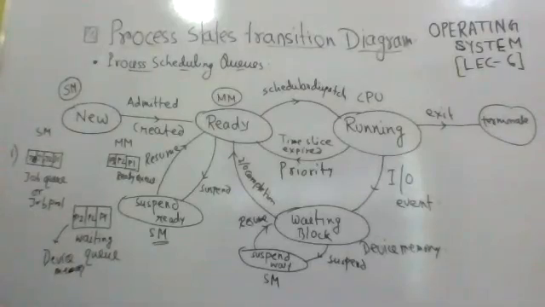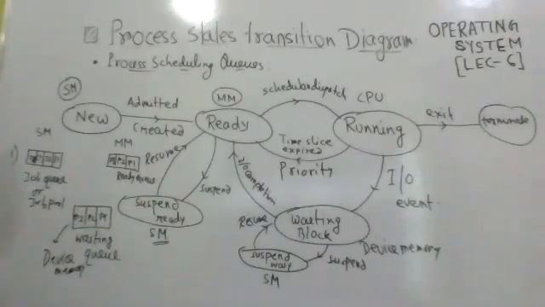So there are three types of queues in our process scheduling: the job queue or job pool, which is in secondary memory; the ready queue, which is in main memory where processes are loaded; and in device memory we have another queue, called the device queue.